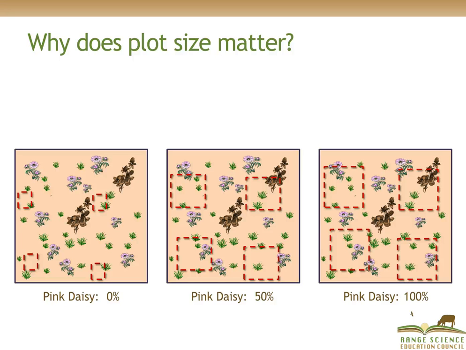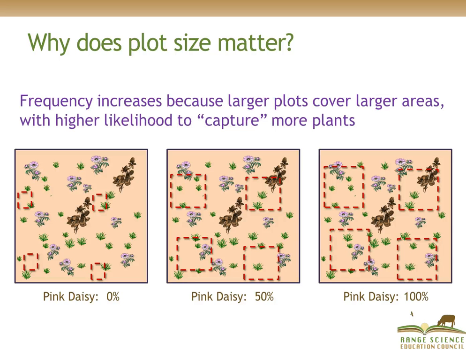It's clear that the frequency estimate for pink daisy increases as the size of the quadrat increases. And this increase is observed because larger plots cover larger areas. So we have a higher likelihood of capturing or encompassing more plants in larger size quadrats.